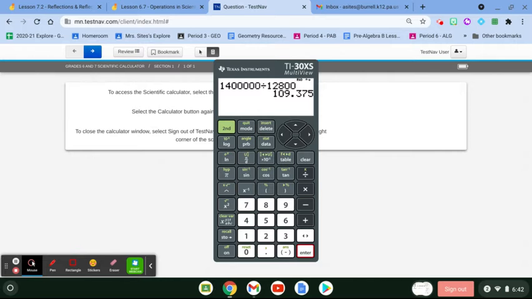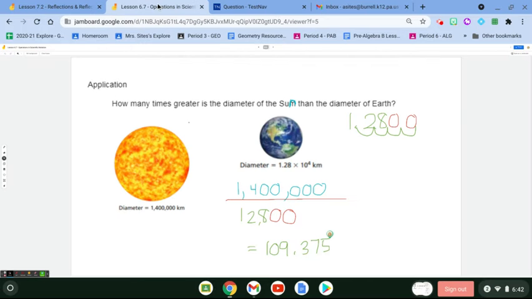All right, I'm going to write that answer in scientific notation. So I'm going to slide my decimal point 1, 2 places to get that factor to be greater than 1 but less than 10. So 1.09375 times 10. Now since I slid it 2 places to the left, that's going to be to the negative 2.